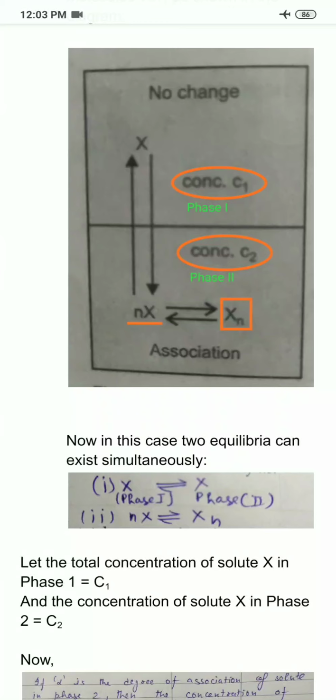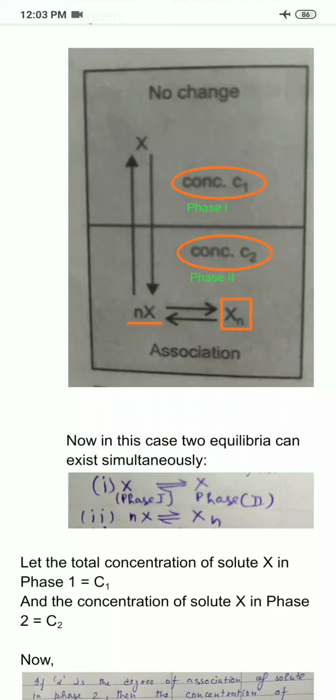You can see here I am having two phases, phase 1 and phase 2. Now I have dissolved X molecule in between the two solvents, and X is remaining in the normal state in phase 1 and its concentration is C1, marked in orange, and the concentration of the solute X in phase 2 is C2.